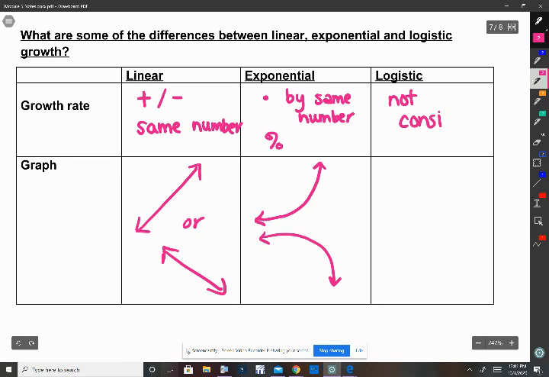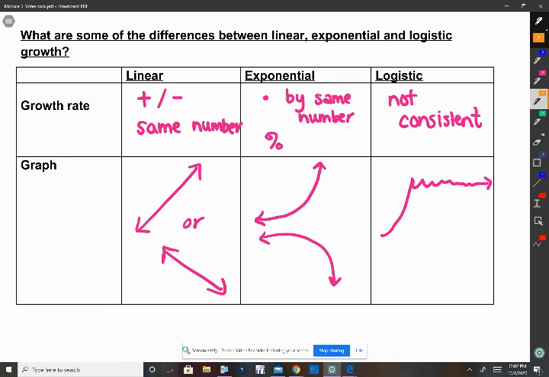When you look at a graph, it's going to start at a point and grow pretty quick. Then it's going to fluctuate until it evens out. Let's just say your carrying capacity is here. It's going to get above your carrying capacity and then drop down, and eventually it will start leveling out.